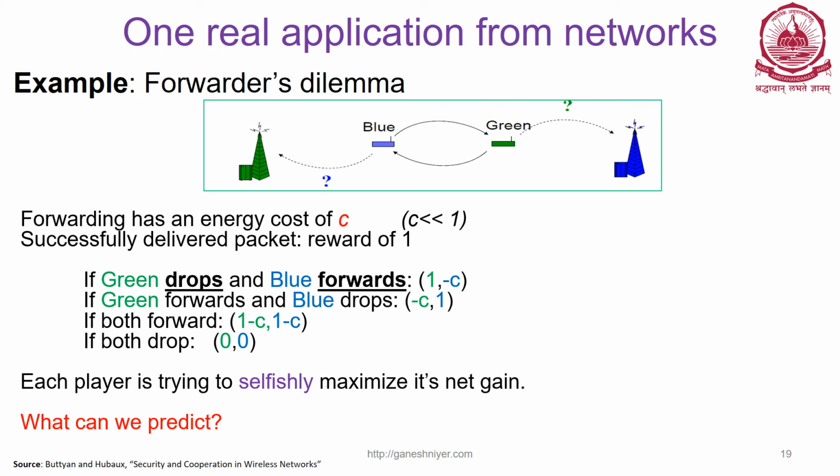Assume they are rational, with a lack of trust and no third party to coordinate activities. By the way, this example is taken from Buttyan and Hubaux on security and cooperation in wireless networks. That is the material I referred to. So can you pause the video, draw a matrix, and then determine the equilibrium?